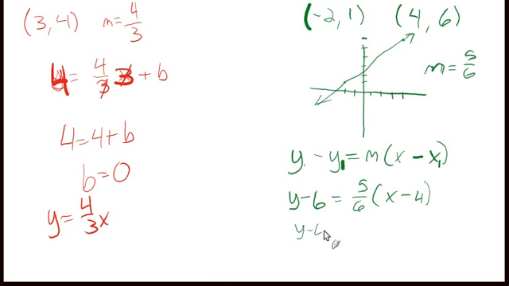So y minus 6 equals 5/6 x minus 10/3, and then add 6 to both sides. 5/6 x plus 6. Let's see, this is 3 1/3.